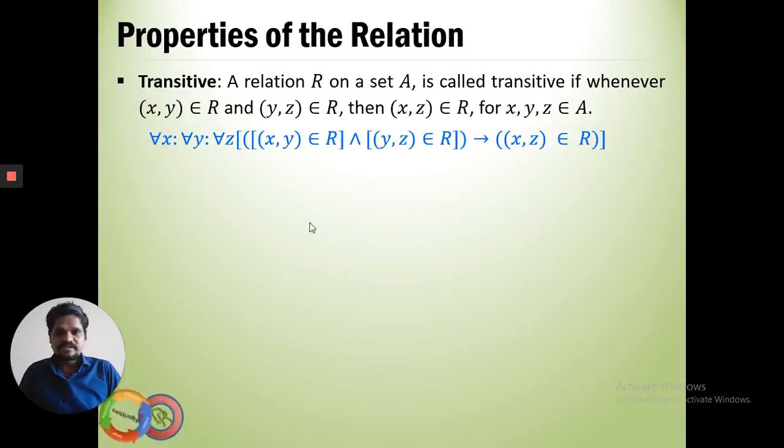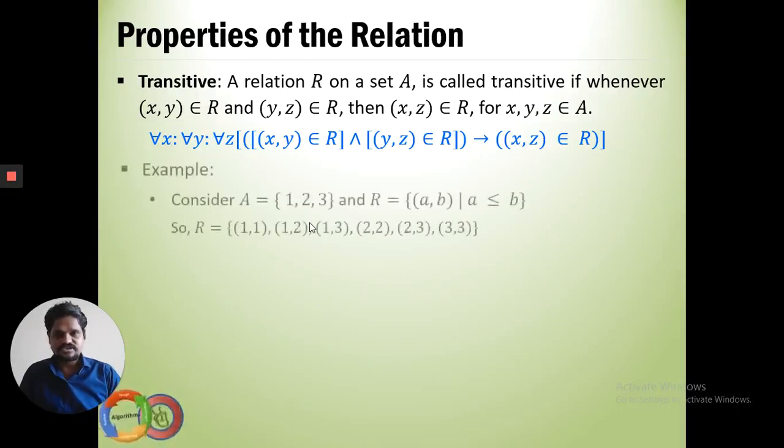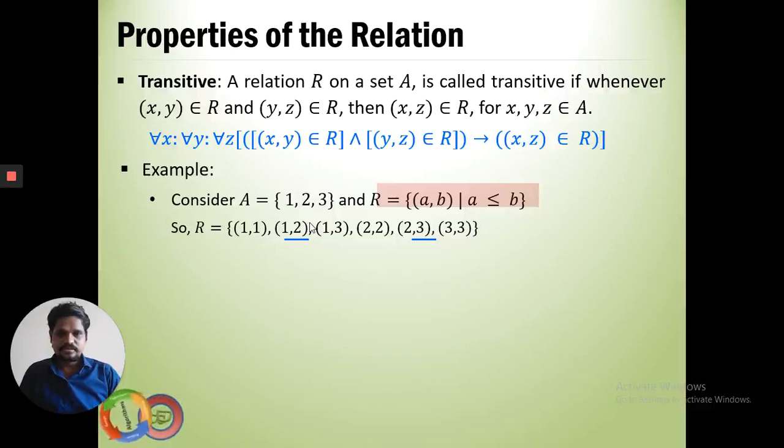In that case we will say it's a transitive relation. Less than: if A is less than B and B is less than C, then A is less than C. So that kind of property we will call a transitive relation. So 1 is related to 2, 2 is related to 3, so 1 is also related to 3. The property less than or equal to is also transitive.